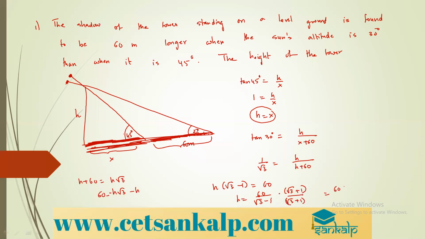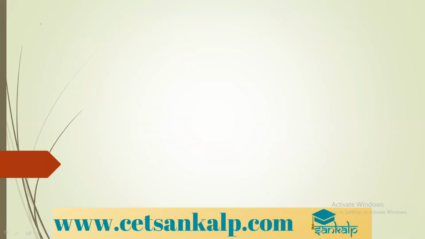So you have 60 into root 3 plus 1 by 3 minus 1, that is 2. The final answer is 30 into root 3 plus 1 meters, which is there in the option. Let's go to the second question.